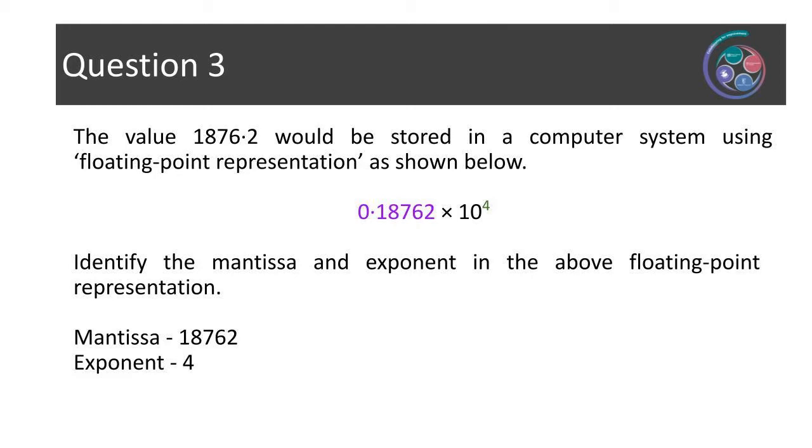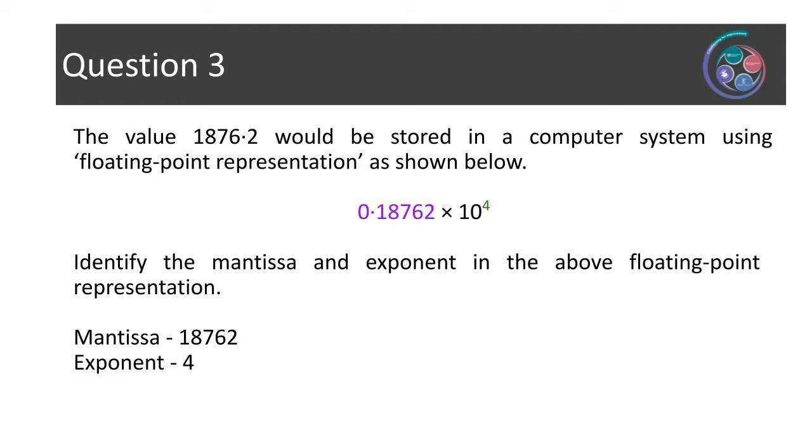The exponent is the power of value. So we can see here that it's the number 4. That's because the decimal point has moved 4 places to the left. If the decimal point was to move more places to the left, then the value would be higher. Because that would be increasing the range of numbers, I would need to allocate more bits to the storage of the exponent.